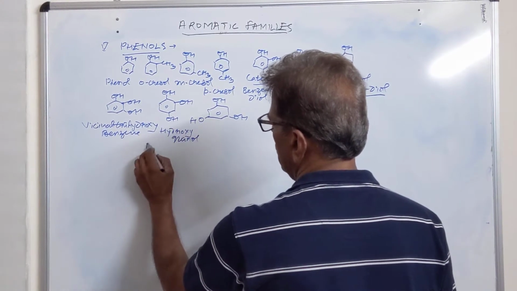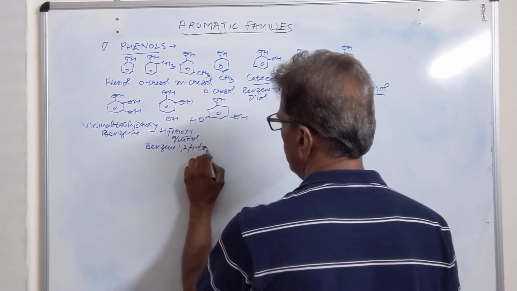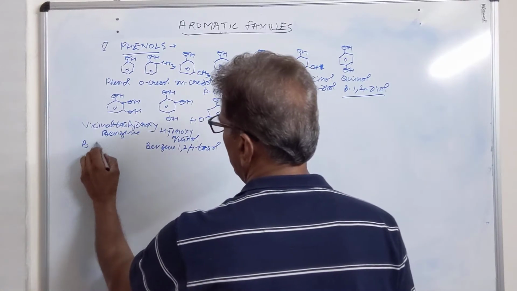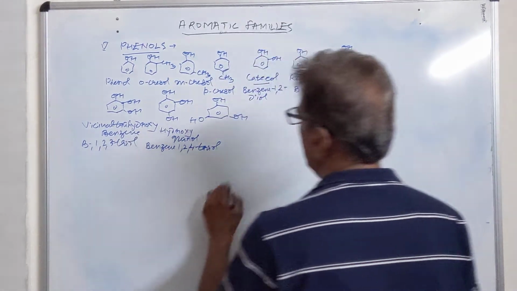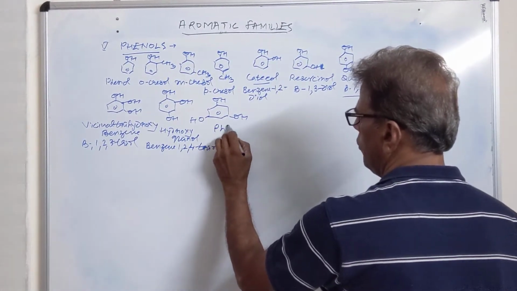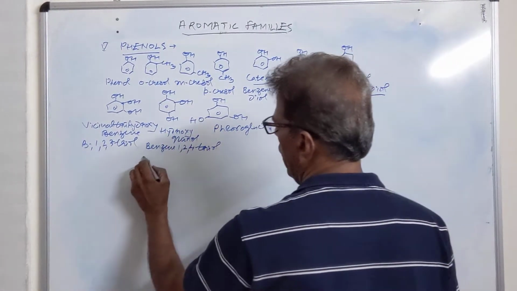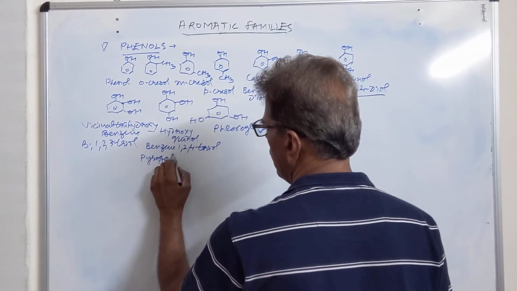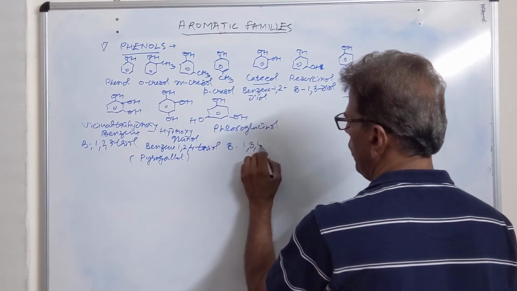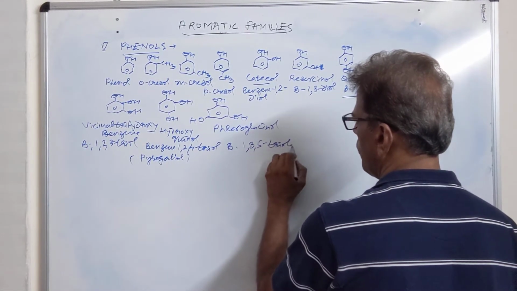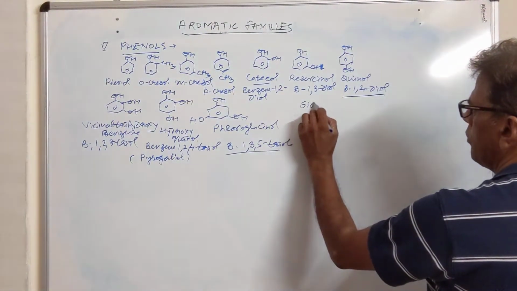IUPAC name is benzene 1,2,4 triol. This is benzene 1,2,3 triol. This is commercially phloroglucinol. This is also known as pyrogallol commercially. This is benzene 1,3,5 triol. So these are trihydric.